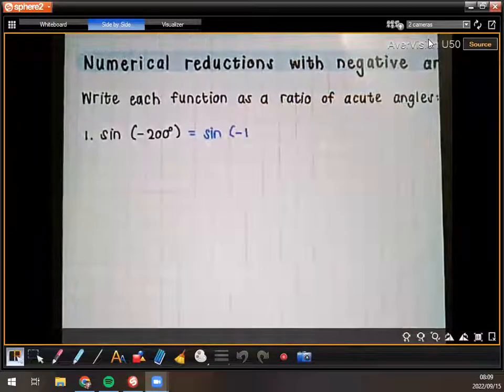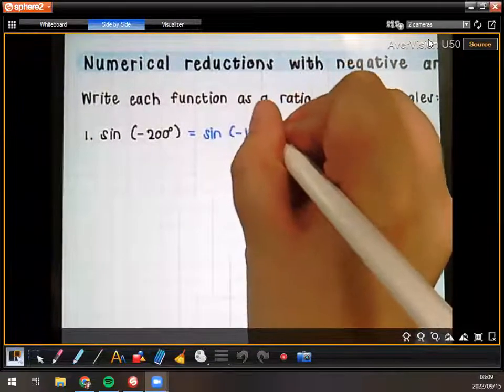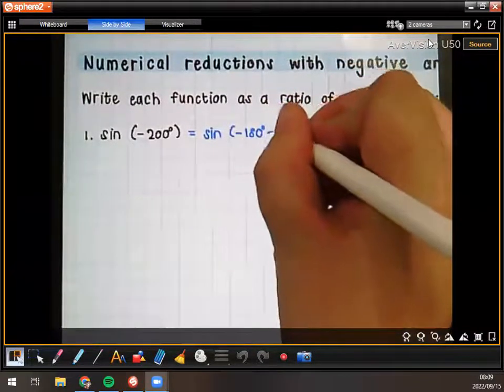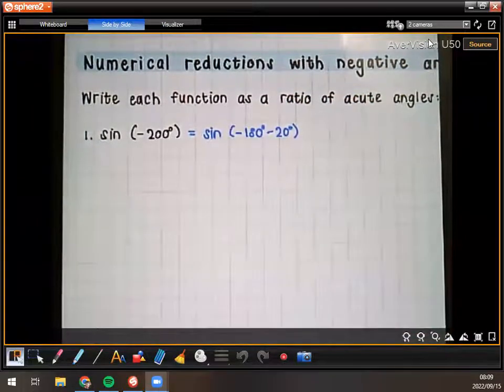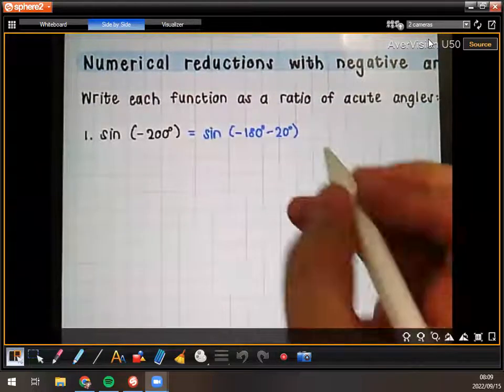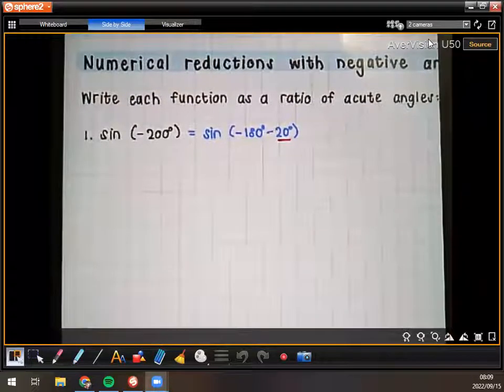We can't use positive 180 now because it's negative numbers, right? So we do negative 180, but then we must still subtract 20 degrees to get to negative 200. What is the acute angle that I have in these brackets? 20. So it's going to end up being either positive or negative. We're going to figure that out now. Sine of 20.